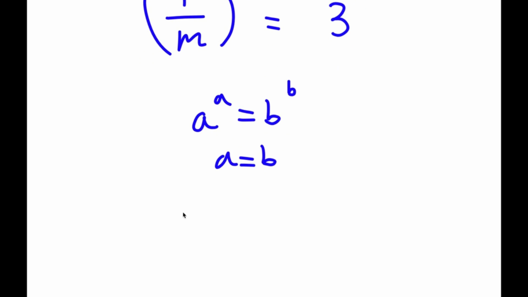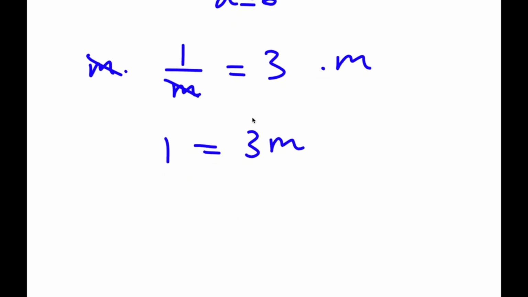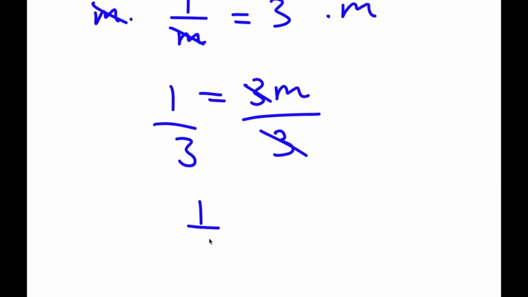So in this case, 1 over m is equal to 3. So now to solve this, I'm simply going to multiply both sides by m. These two cancel out, and I'm left with 1 is equal to 3m. Now I'm going to go ahead and divide both sides by 3. So then these two cancel out, and I have 1 over 3 is equal to m.